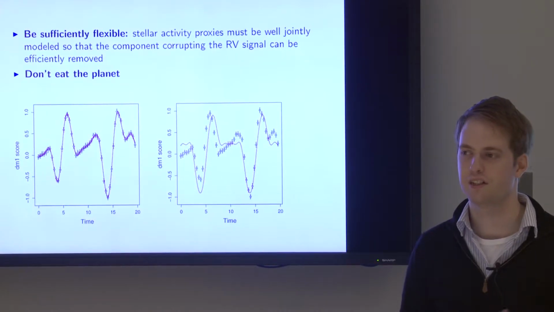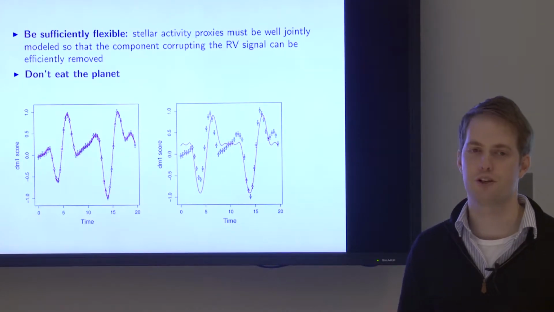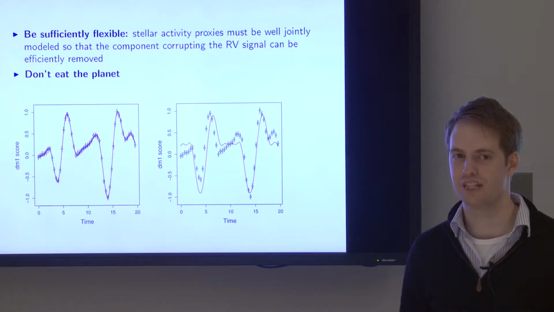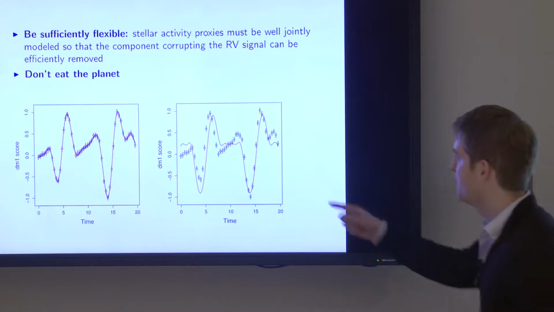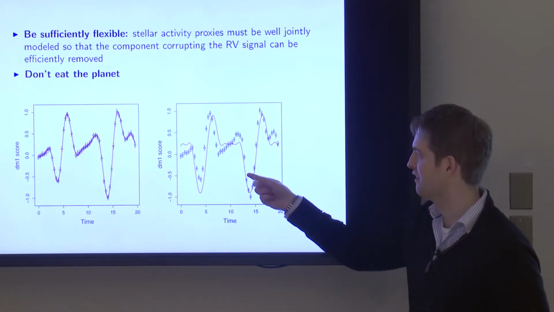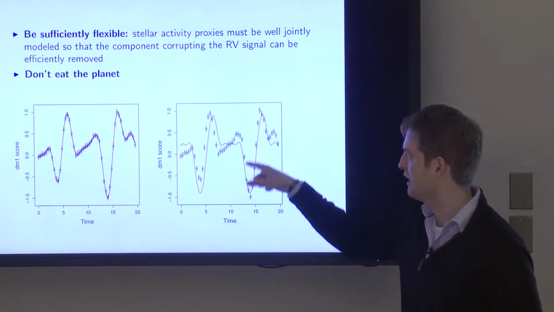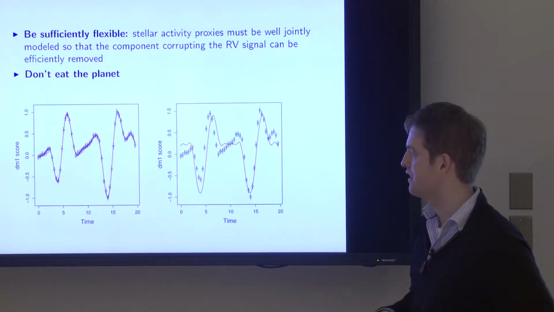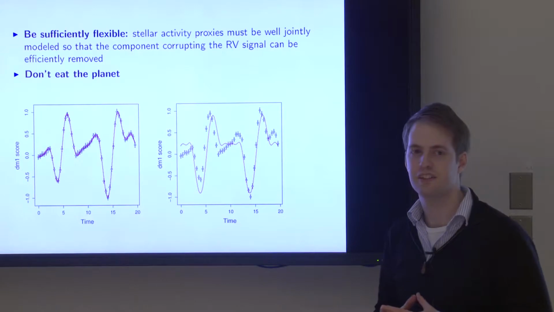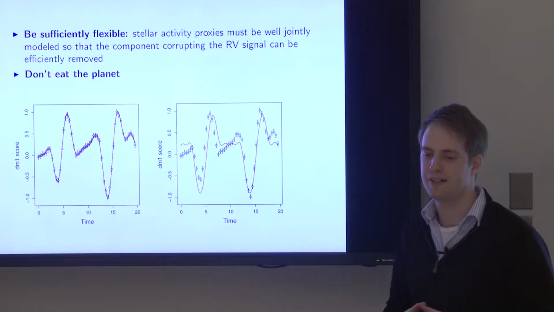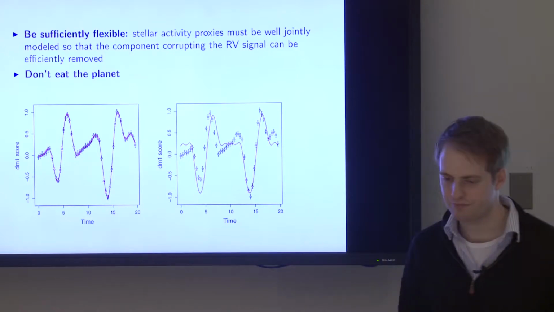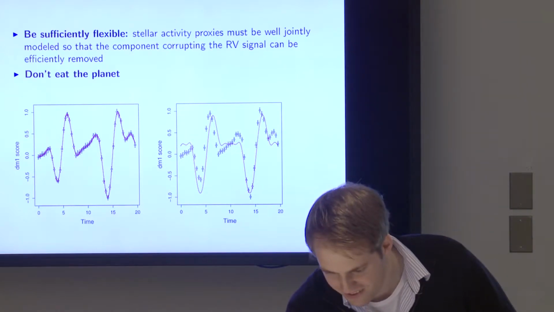And then we wouldn't know there was a planet, right? We'd rather there were some residuals after we fit the stellar activity. Because there's a planet signal in there, it says I just can't fit this, right? And then you would see the large residuals, and you'd know there was a planet, or hopefully.